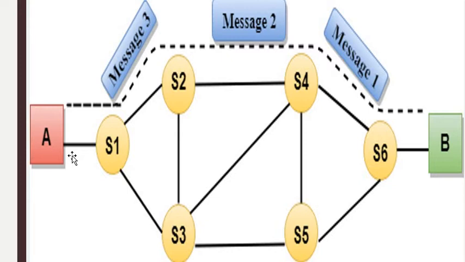So the dedicated path is S1, S2, S4 and S6. After the path is established, second is the data transfer. So the data is transferred, likewise message 1, message 2 and message 3. After the successful data transfer, the users terminate the connection. That is, the dedicated path is now dissolved.